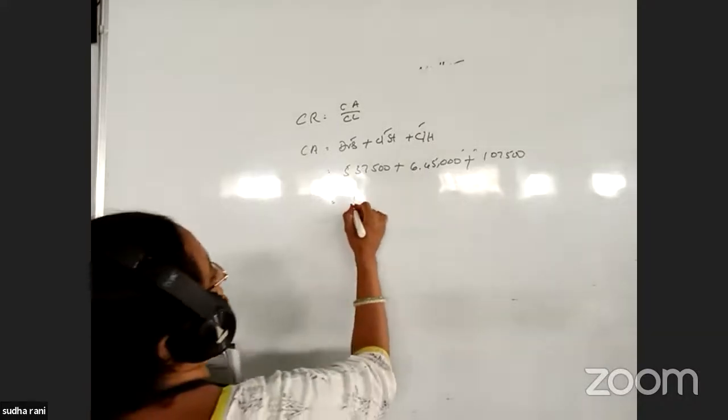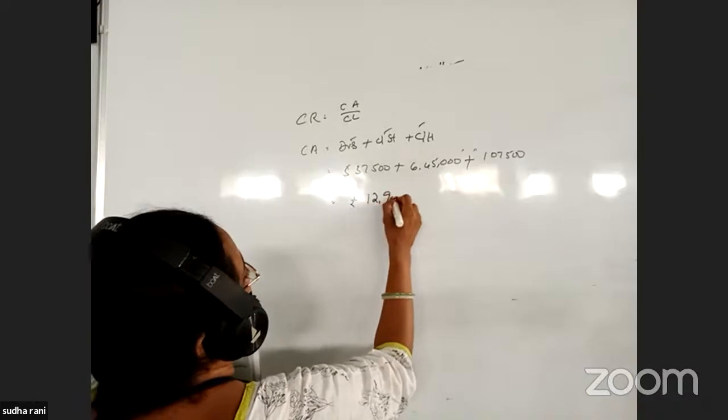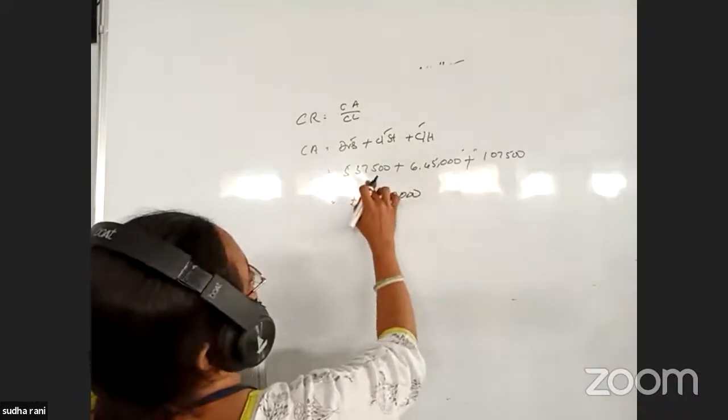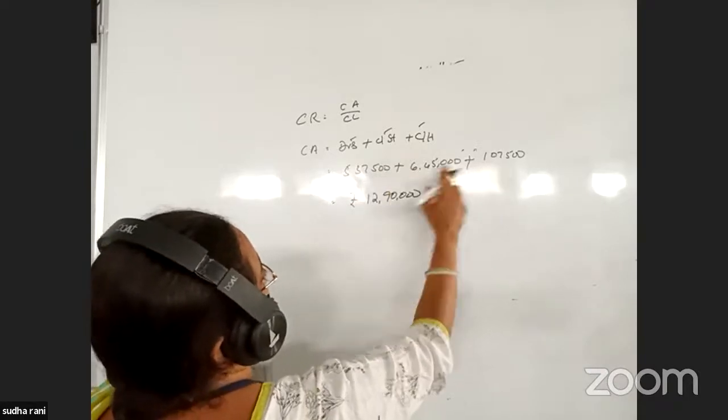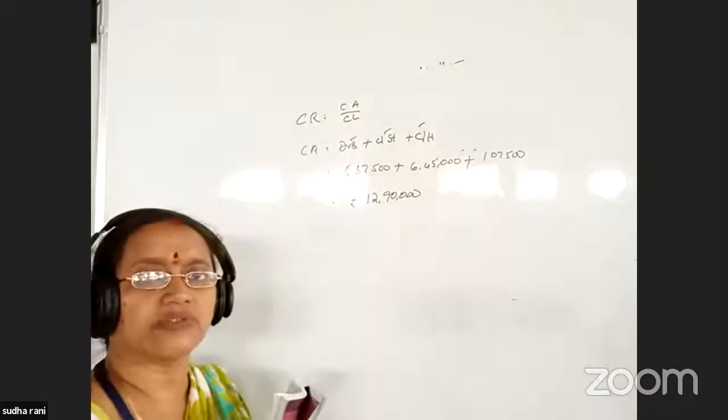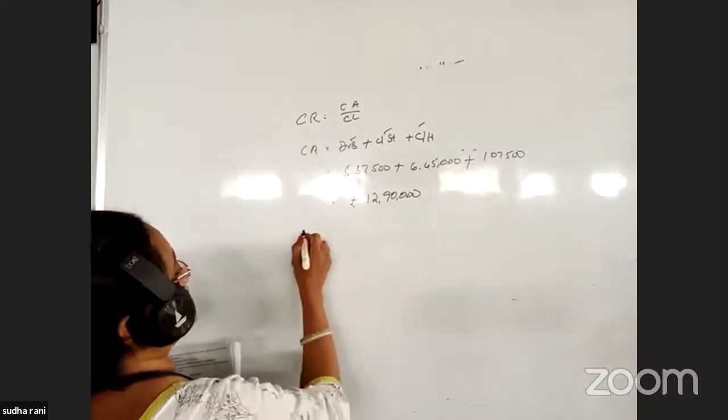It is 12,90,000, right? 12,90,000 is the current asset value.